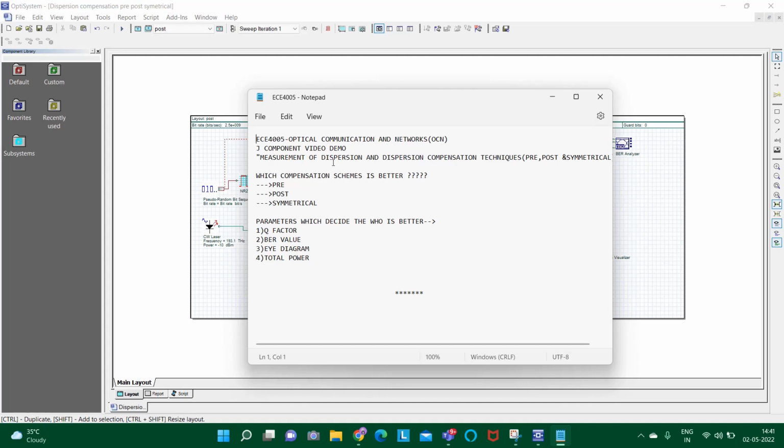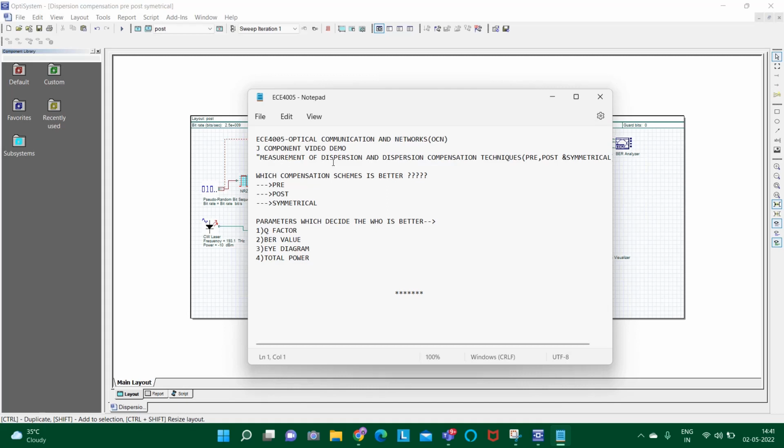First of all, before going to the simulation, let's understand the need for a compensation scheme. We all read about the dispersion characteristic of a single mode fiber. All of us are aware that a single mode fiber has a basic dispersion of 16 picoseconds per nanometer per kilometer.